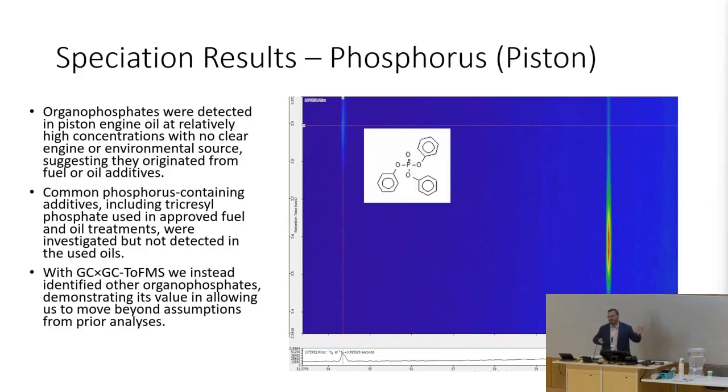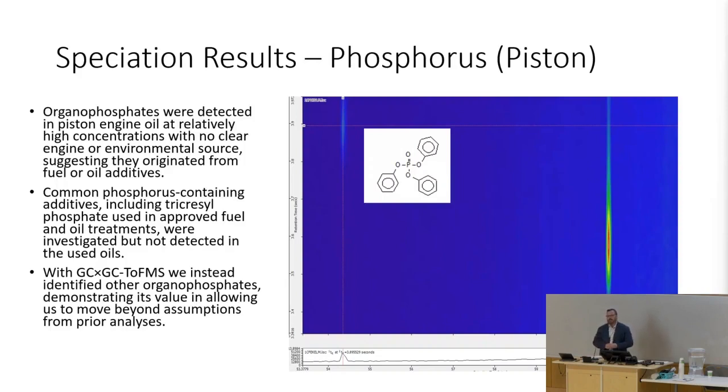It just becomes the only thing that you think about or know about. I looked up some of the additives that would be potentially in this piston engine aircraft, and I found some additives that contained a bunch of TCP, so I was pretty sure. We have the standards. I was like, okay, let's run these oils, confirm the TCP, and then I've got a good ending to my talk or whatever I want to do with this. But when I looked, it wasn't TCP.